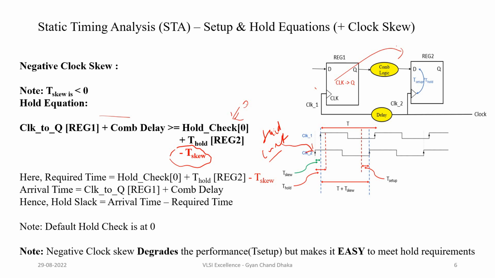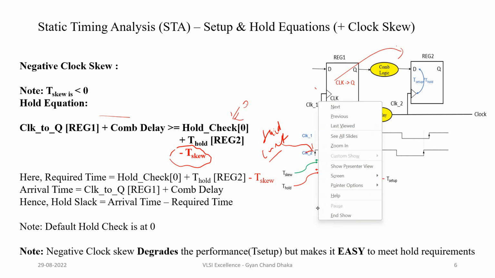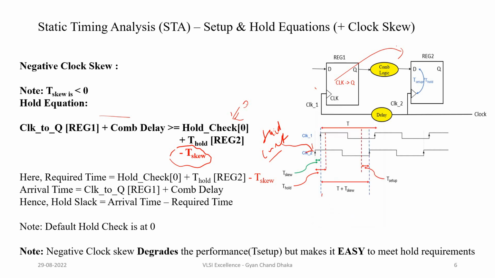In the case of no clock skew, this would have been our hold check rising edge, and just consider that this is the t hold. So the propagation delay should be greater than this time.